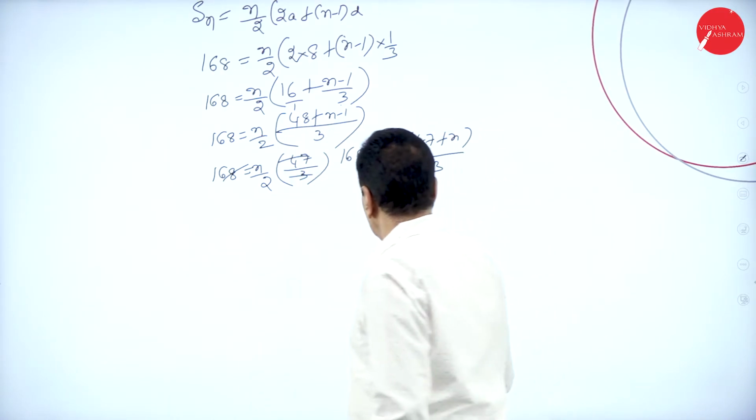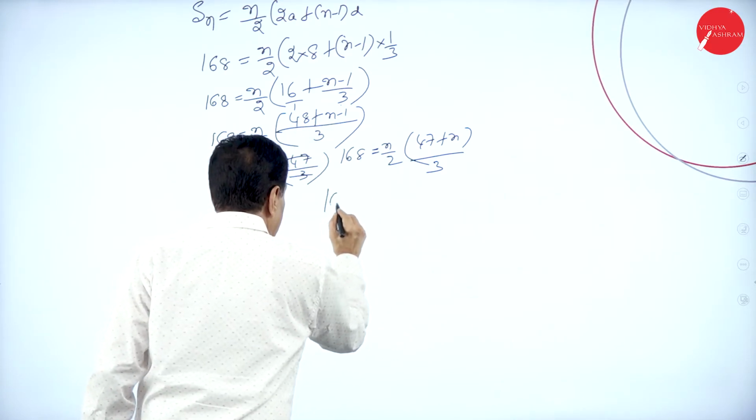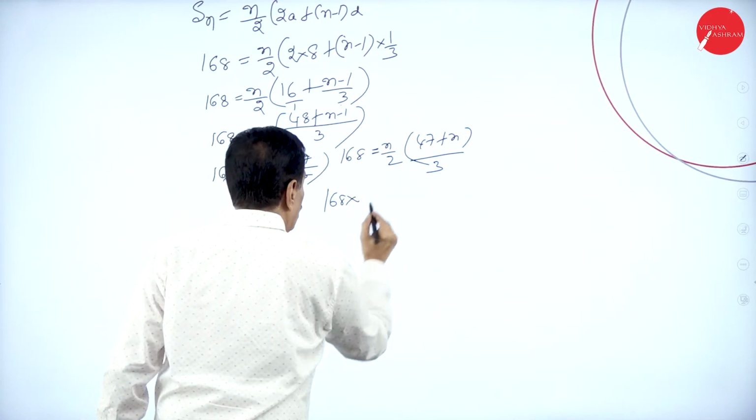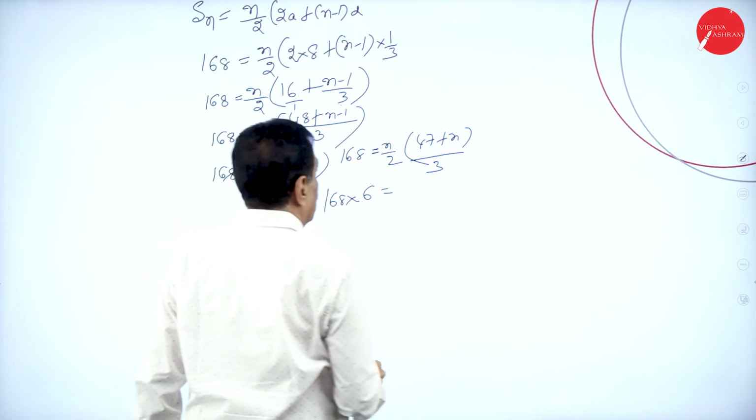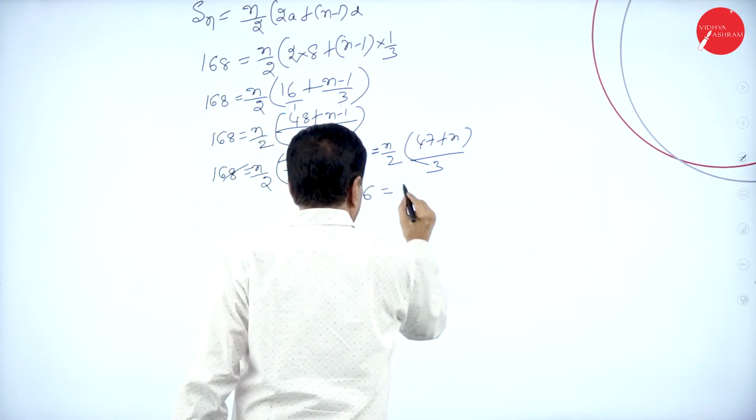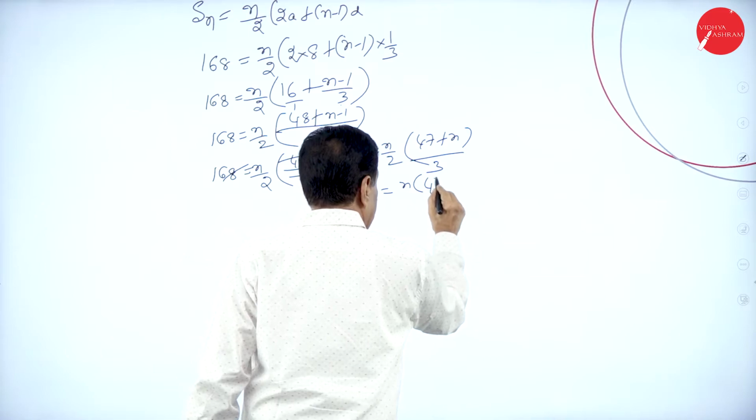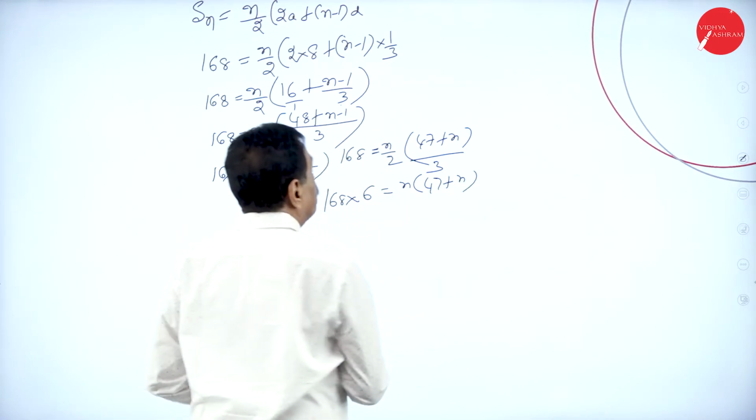You take all this one, 168, 3 into 2 is 6. Left over is n into 47 plus n.